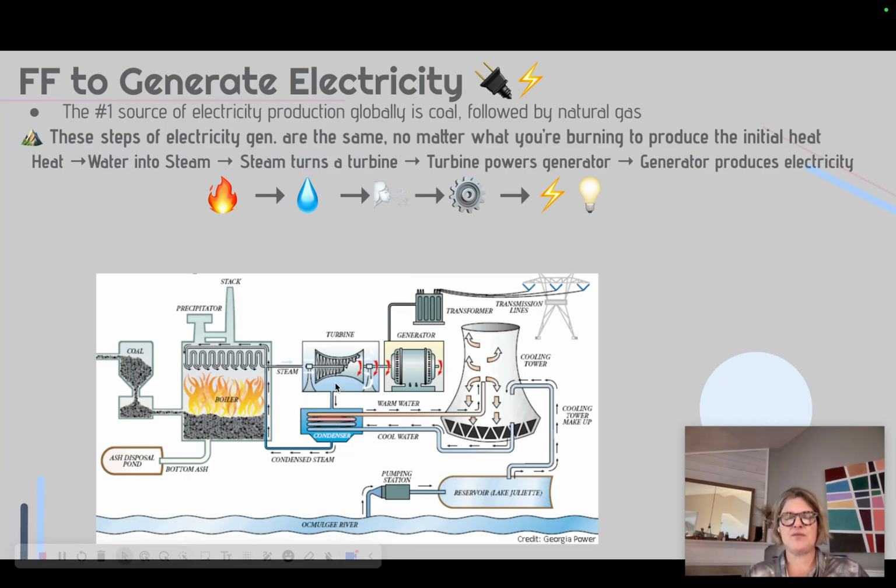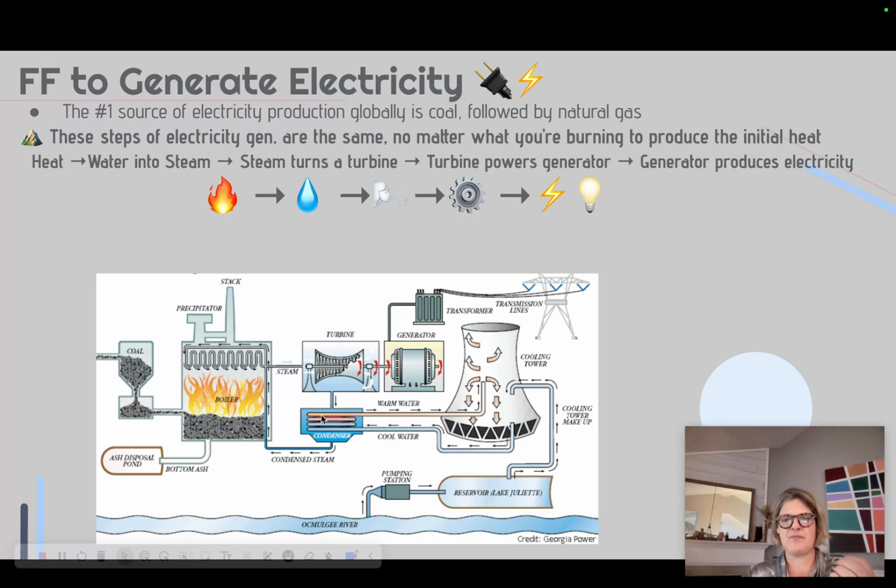Now, another thing that you need to know, because it's going to give us some information about how beneficial for the environment fossil fuel combustion is, is that we've got all of this hot water now as a result of heating it up when we burn the fossil fuel.